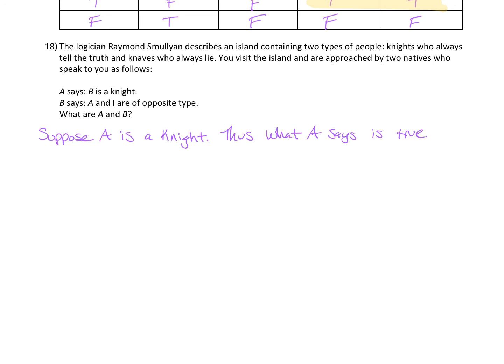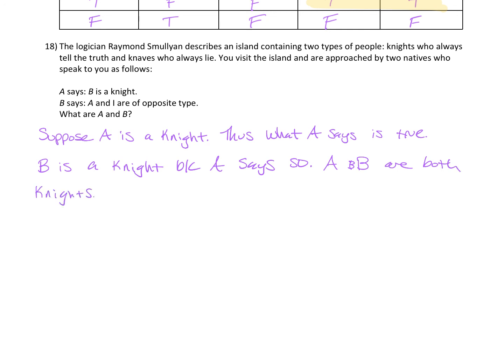That's the definition of a knight. A says that B is a knight. So B is a knight because A says so, and A tells the truth. Which means A and B are both knights. So we now have enough to say A and B are both knights.